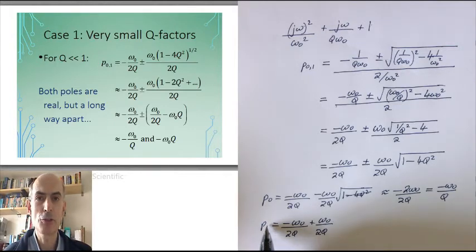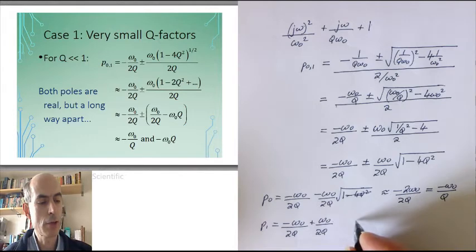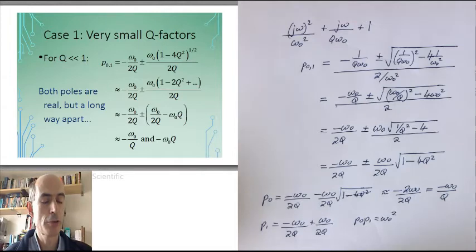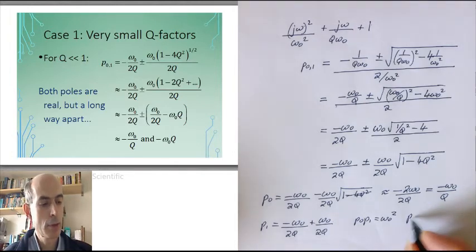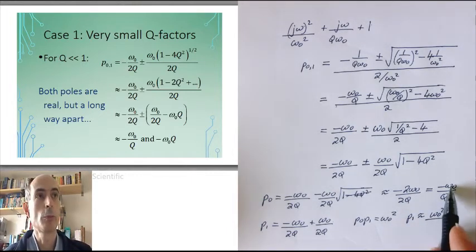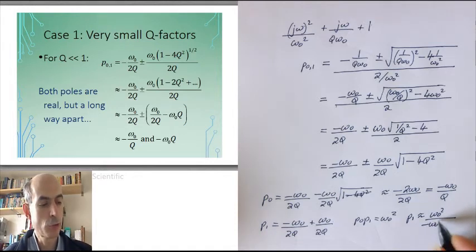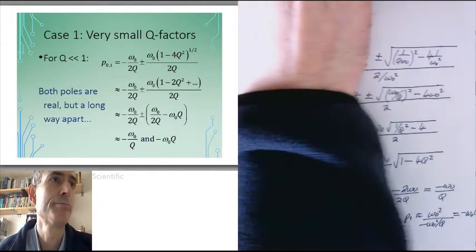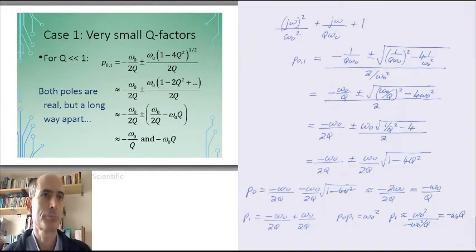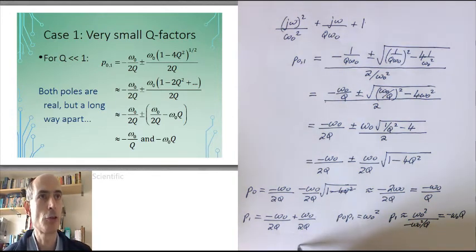It's much better just to use that other result, that the product of the two poles is the square of the resonant frequency. And therefore, our other pole would be approximately omega naught squared divided by the pole that we've just worked out, minus omega naught over Q. And that is minus omega naught times Q. So we've got approximate expressions for our two poles.